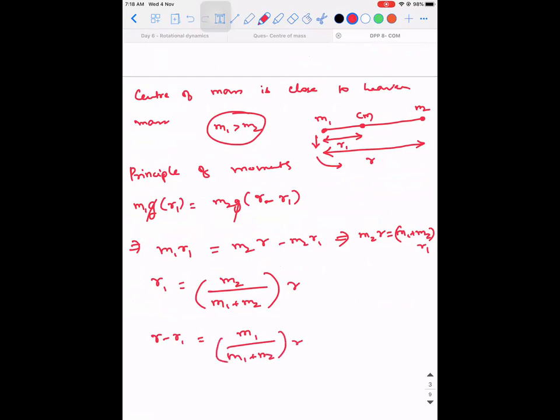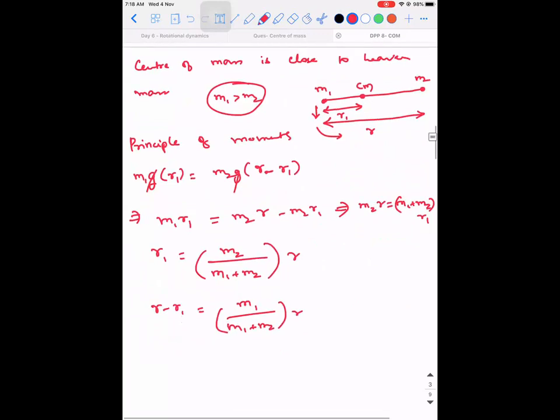Because R by M1 plus M2 in both cases will be common. So if I take the ratio of R1 and R minus R1, I get M2 divided by M1. Is M2 divided by M1 less than 1 or greater than 1? Less than 1, because M1 is greater than M2.